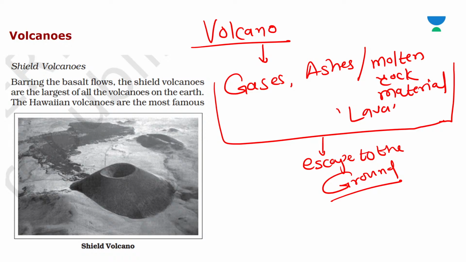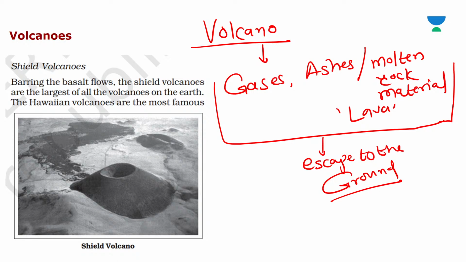The layer below the solid crust is mantle, and it has higher density than that of the crust. Now, the mantle contains a weaker zone called asthenosphere, and it is from this that the molten rock materials find their way to the surface.